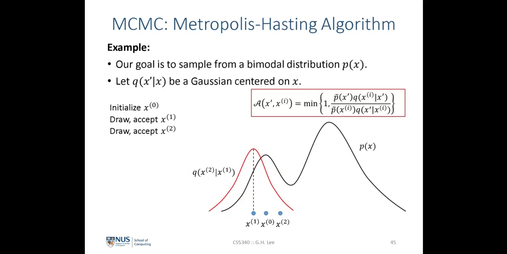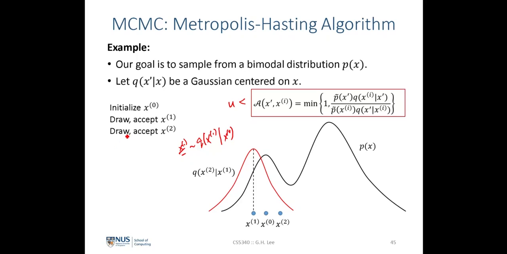Then suppose that we accepted the first sample that we sampled from Q x1 conditioned upon x0, where we draw a sample here of x1. Suppose that we have already accepted this particular sample because it passed the criteria that u, that is sampled from a uniform distribution of 0 to 1, is lesser than the acceptance probability.